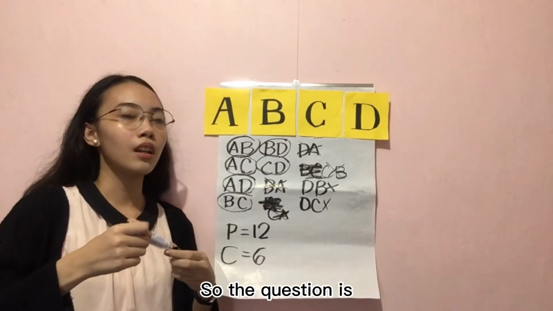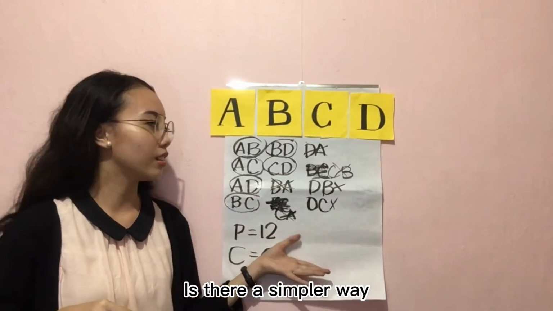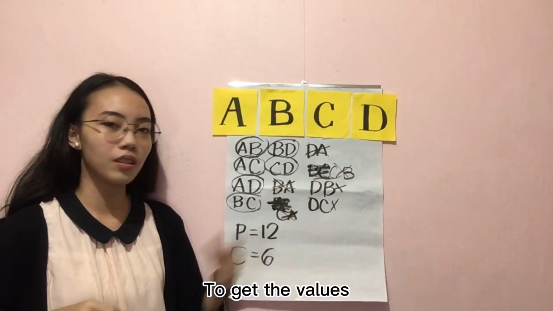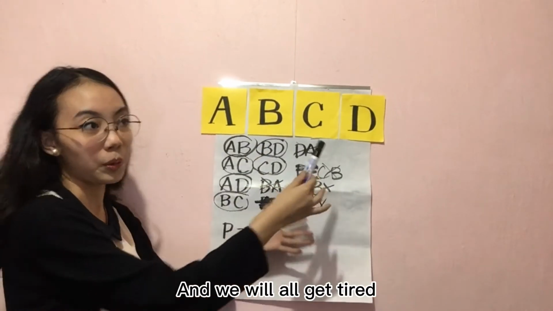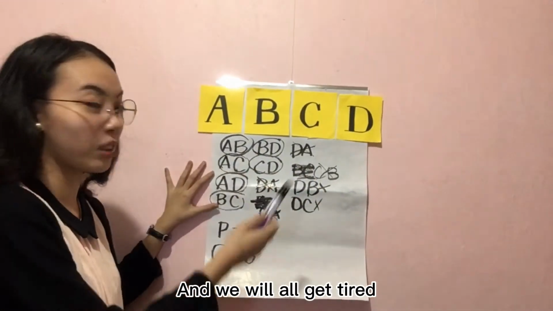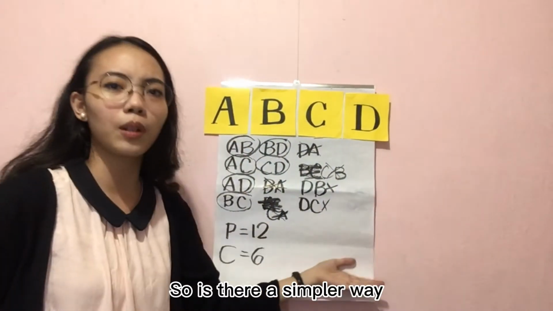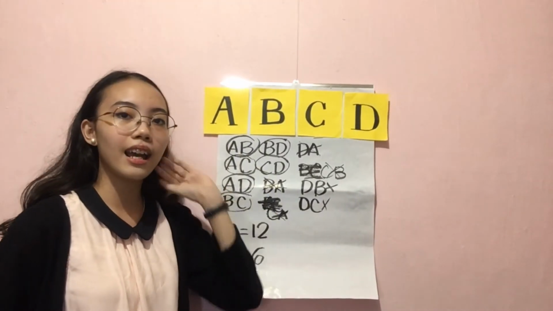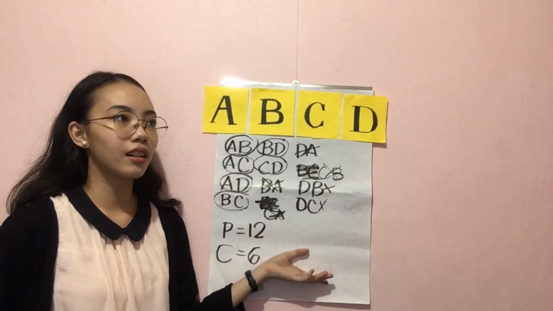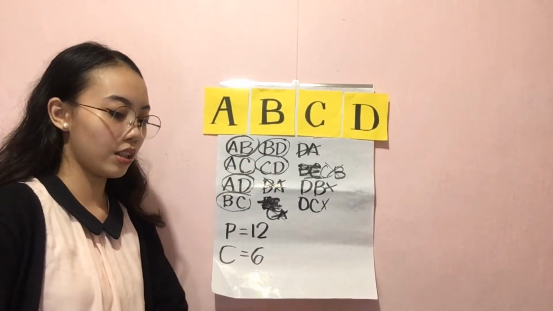So the question is, is there a simpler way to get the values so that we're not going to list them all and get tired? Yes, we'll get tired just listing them all and cancelling. So is there a simpler way? The answer is yes, and I'm going to show you the formula for each.